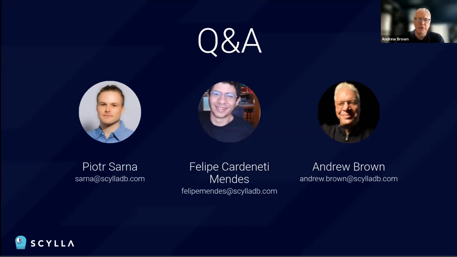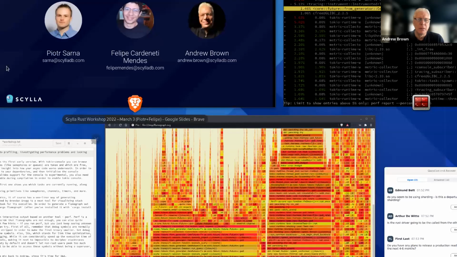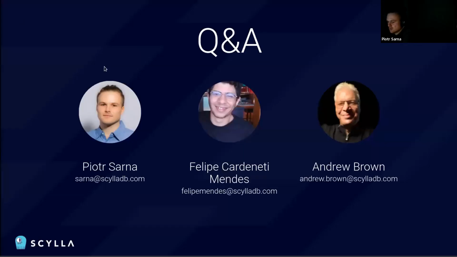Okay, and here's a question. Is the Rust driver going to be called from other drivers? The example here is Golang. Well, it already is, if you mean using the Rust driver as a core implementation for other languages. C++ is already work in progress. Python is next.